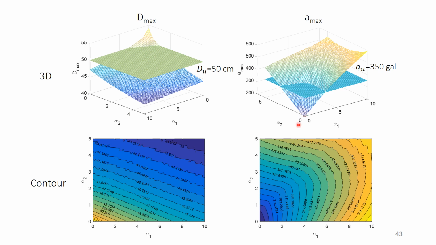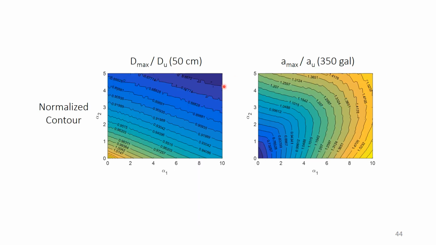And we want to simplify these two 3D figures into the contours, which are shown below. For the contours, the x and y are alpha 1 and alpha 2, and the labels on the contours show the value of the maximum displacement and the maximum acceleration. Next, we want to normalize our contour figures.